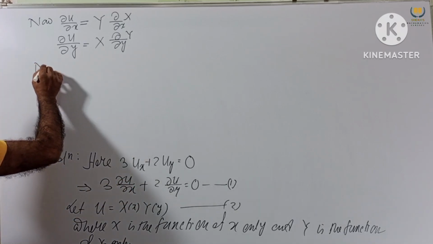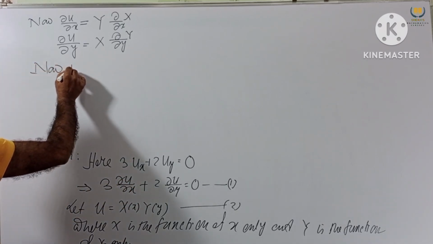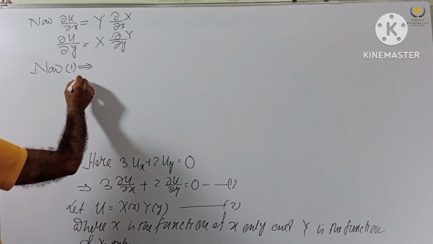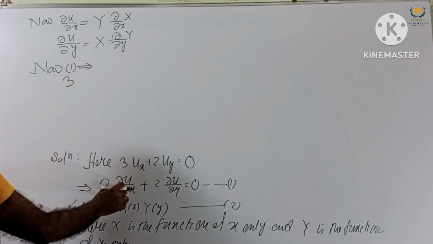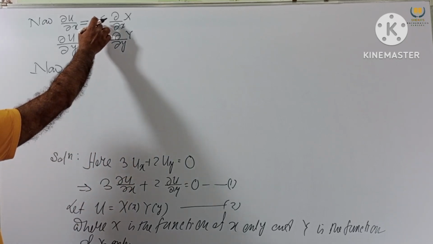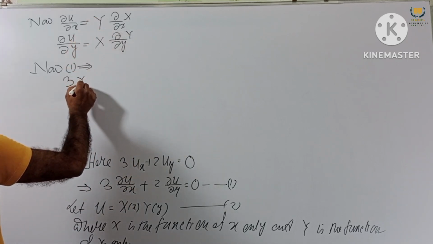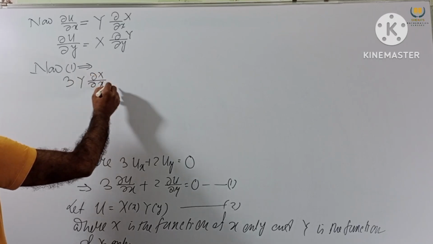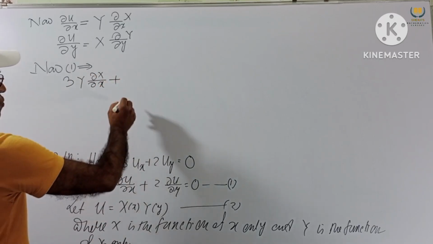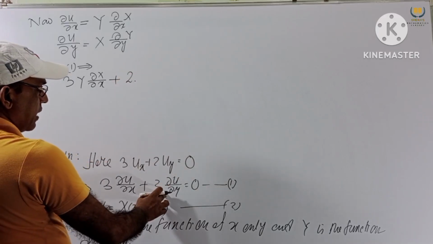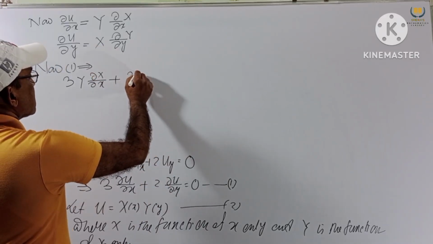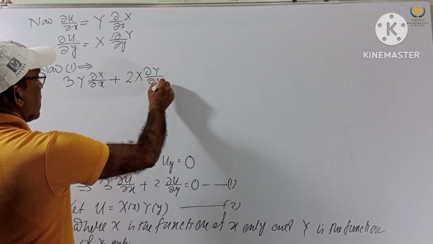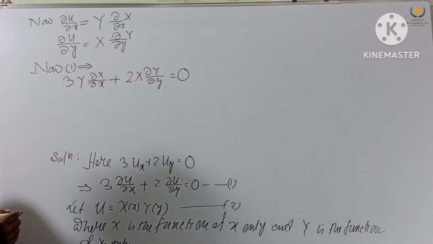Now 1 implies, putting the values in equation number 1: 3 del u del x, we get capital Y del capital X del x, plus 2 del u del y, this is capital X del capital Y del y, equal to 0.